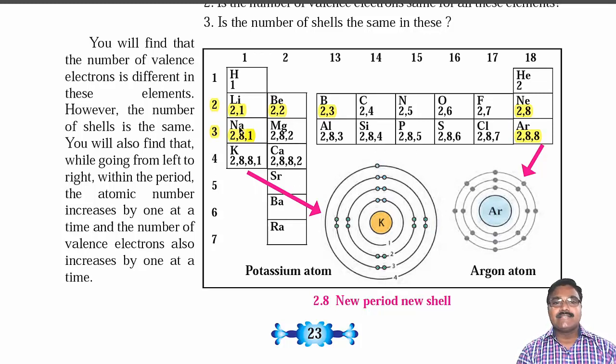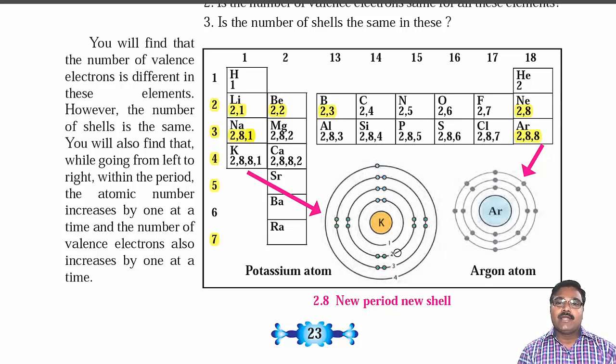And like that, as we move down the groups, we will notice that shells go on adding. That means in the fourth period, all the elements will have 4 shells. In the fifth period, all the elements will have 5 shells, and in such a way, all the elements placed in the seventh period will have 7 shells in that atom.